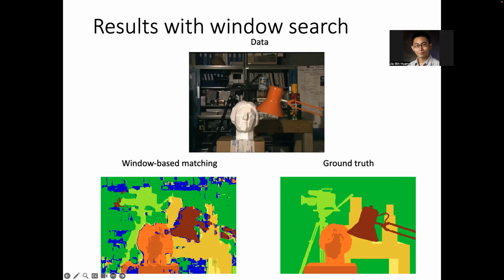This is why, in this classical benchmark data set, when you find matches window by window, you get something very noisy. It's noisy because the decision for this pixel and the decision for the pixel next to it are made independently.